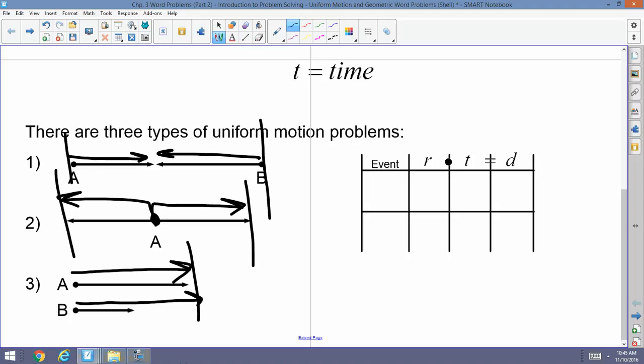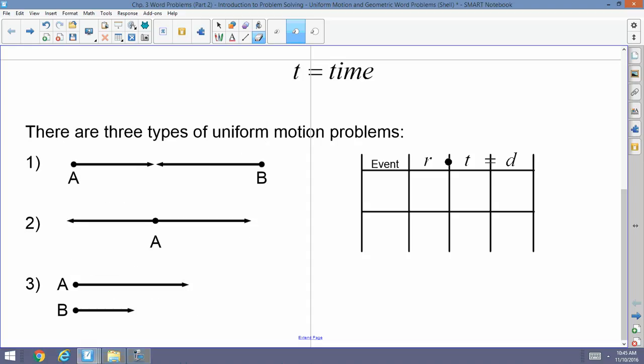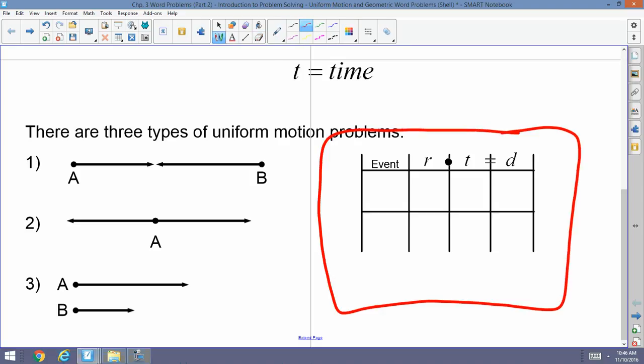Now, in addition to knowing how the distance problem is going to go, whether it's going towards each other, opposite directions, or I'm catching up, we're going to use this magical table here. And I'm not being sarcastic. This is a magical table.